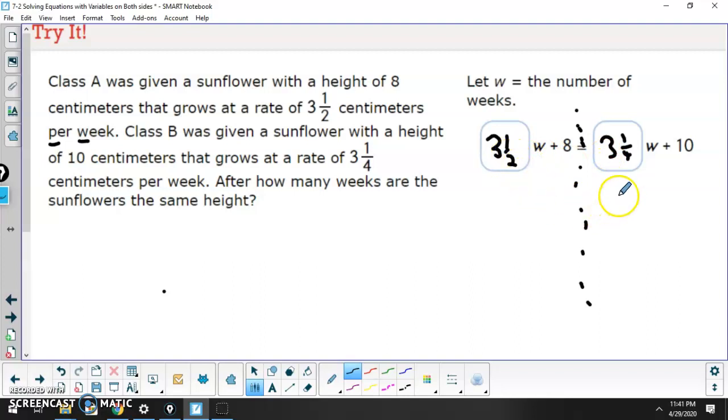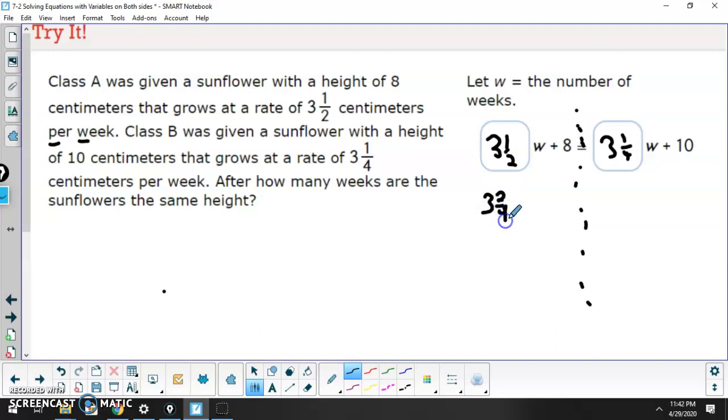You have to undo the terms and move them from one side to the other side of the equal sign. And since we're dealing with fractions, you're going to need a common denominator. So let's first rewrite the fractions so that the denominator is the same. With denominators of 2 and 4, it's going to be easier if you make everything into fourths.